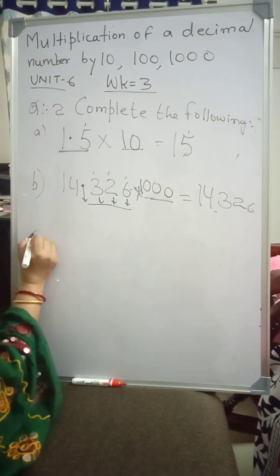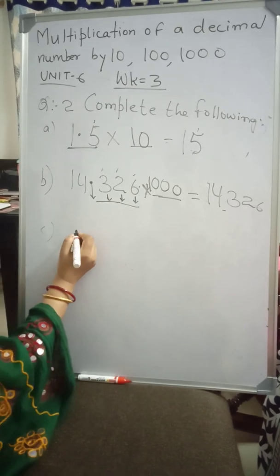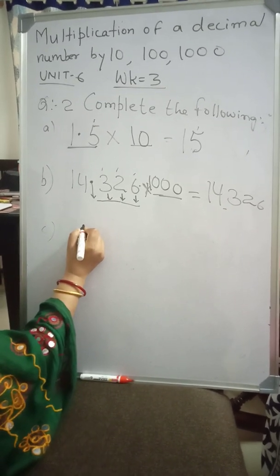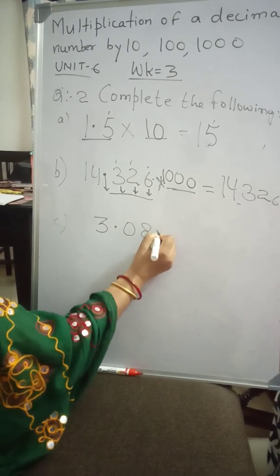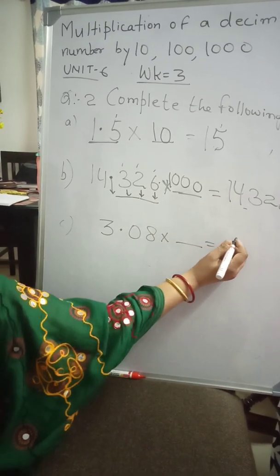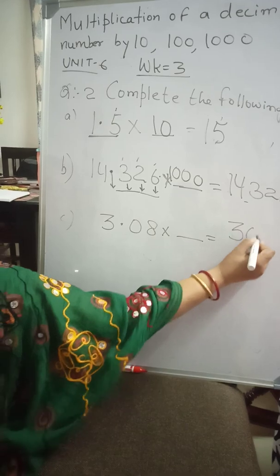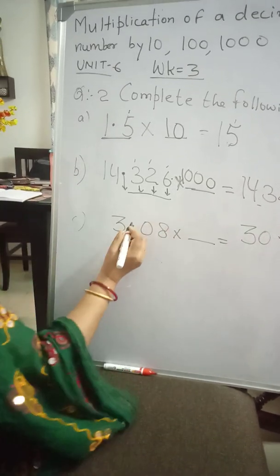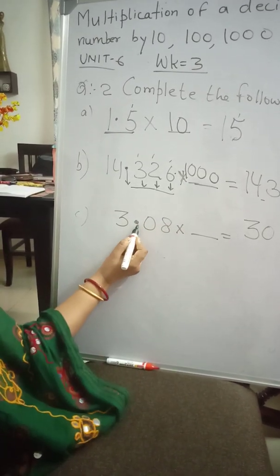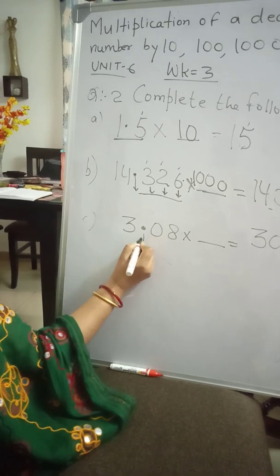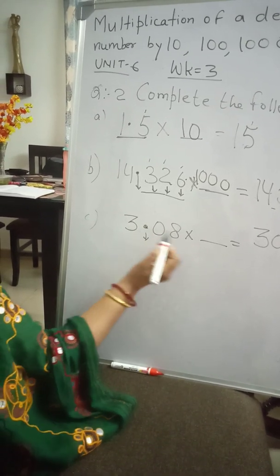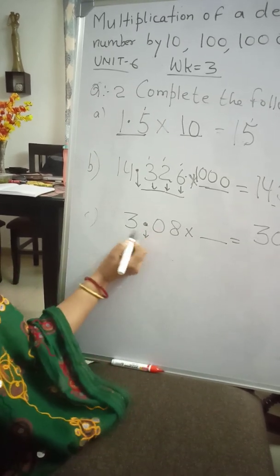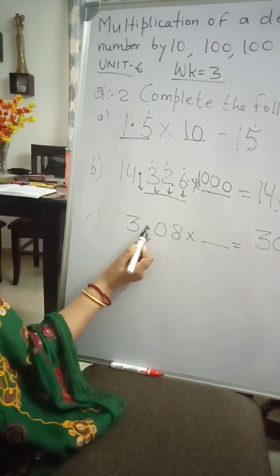Now come to next example. 3.08 multiplied by what is equal to 30.8. So here all of you see that the decimal point of the multiplicand is after 1 digit, right?